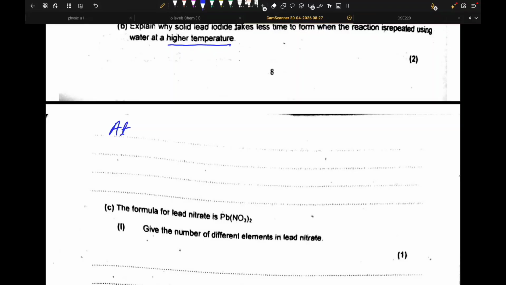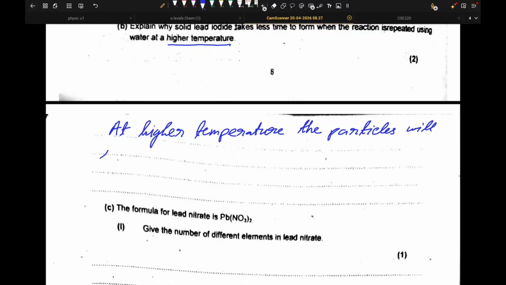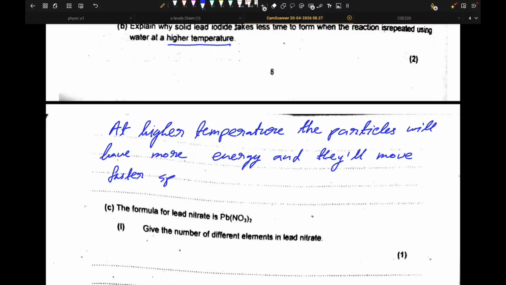At higher temperature, the particles will have more energy, and they'll move faster, speeding up the reaction.